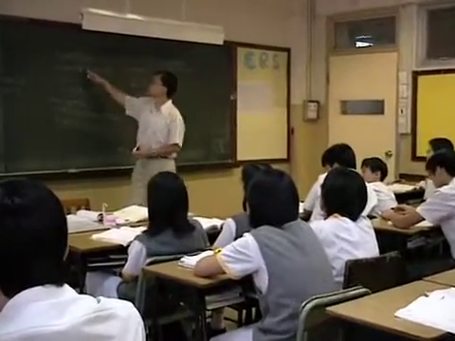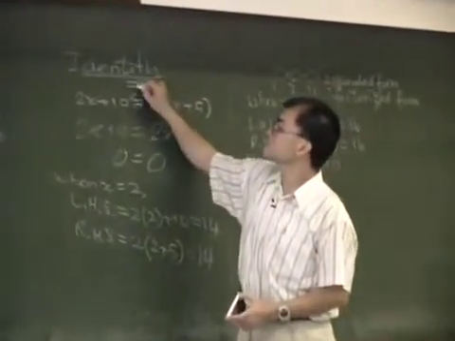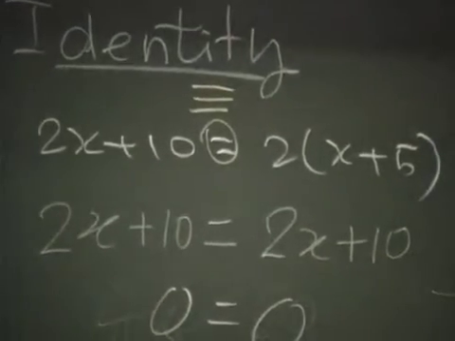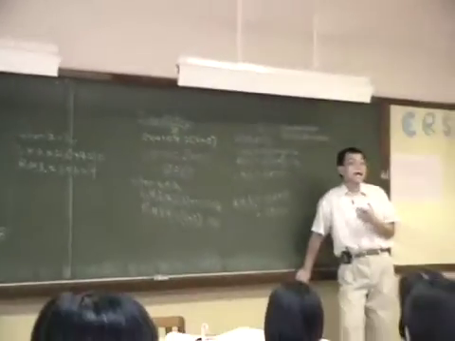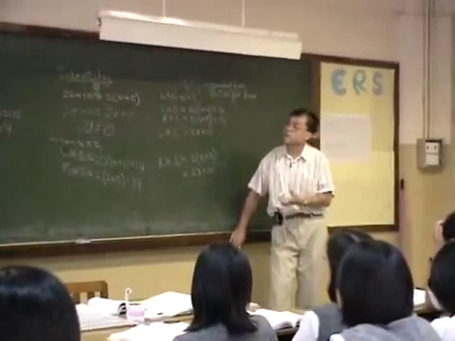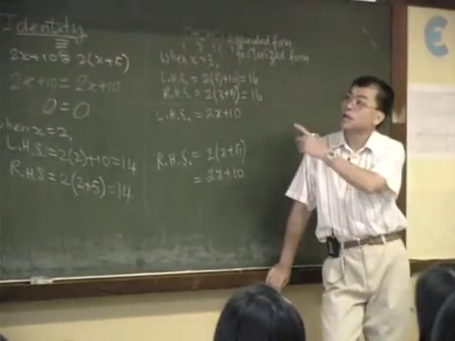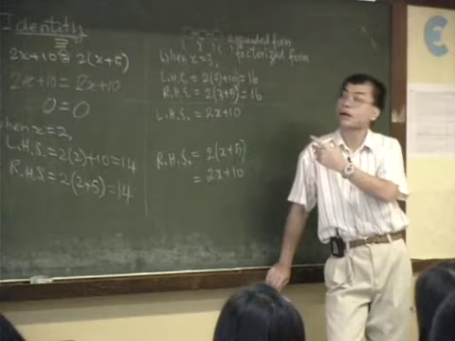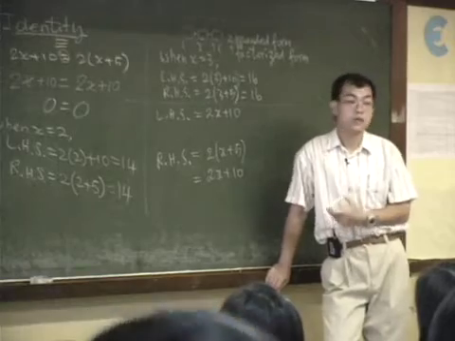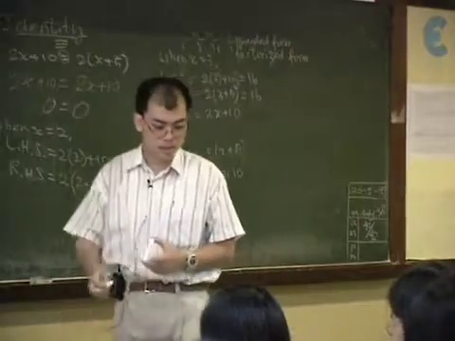This time, not just 2 lines. We use 3 lines as the symbol. It means both sides are identically the same. We say that 2x plus 10 is identical equals 2 brackets, 2x plus 5. Okay? Is identical equals. They are in fact exactly the same.